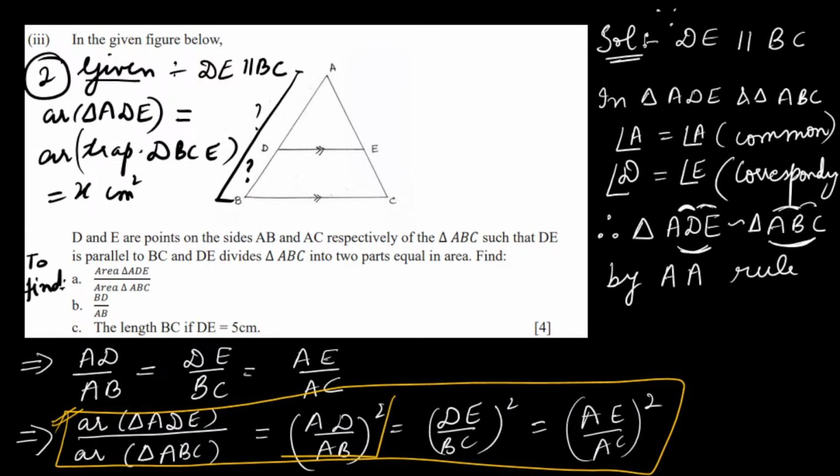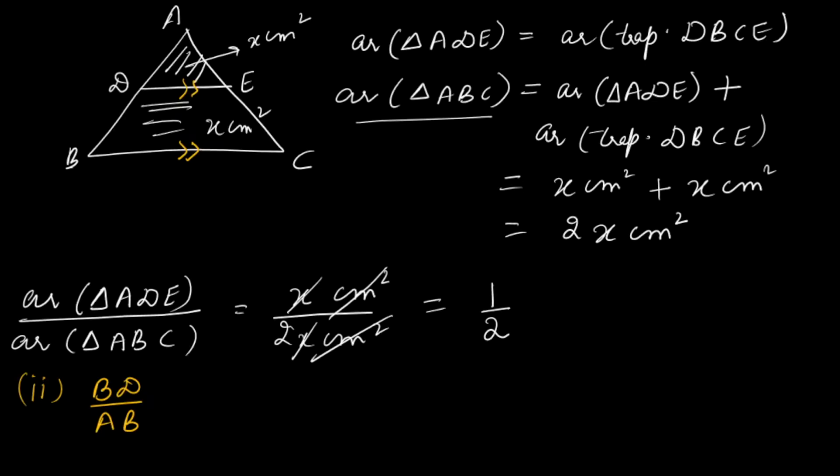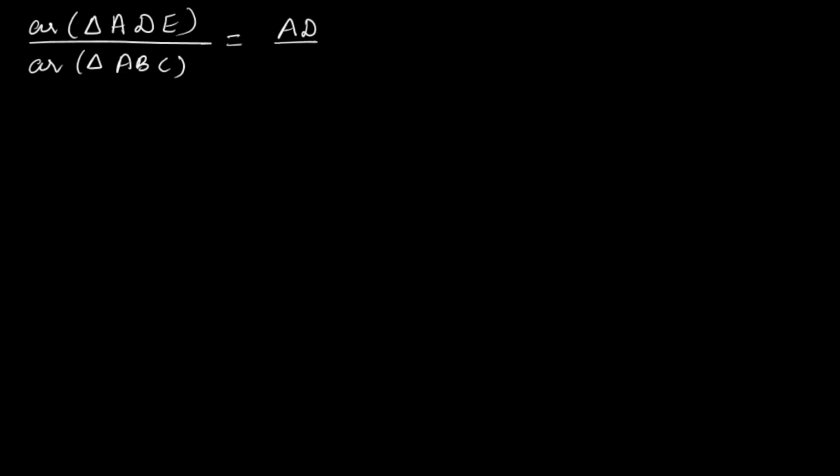So first, the ratio from area we can use, this result we have already. So I'll make use of the first part. First part is what? Area of ADE to area of ABC is equal to AD by AB whole square.